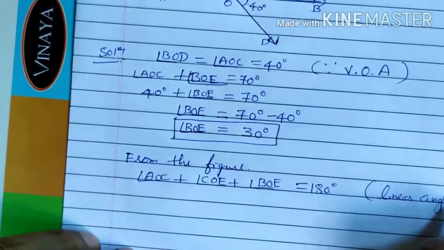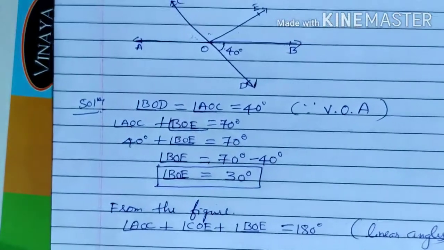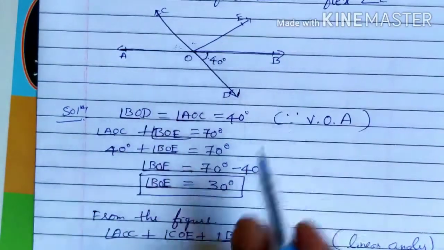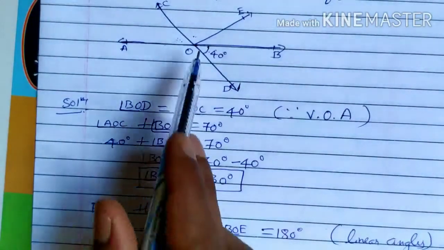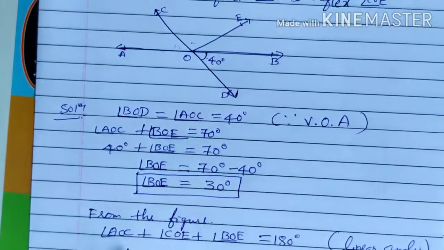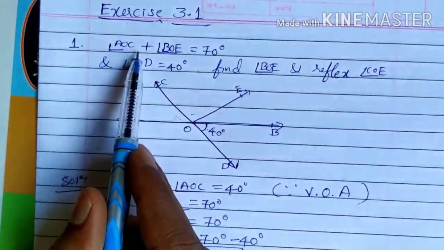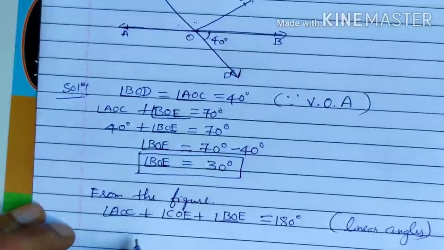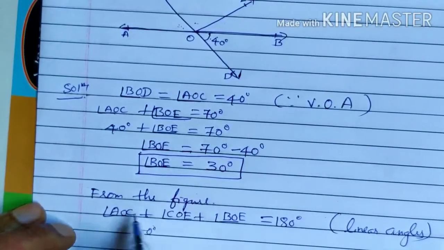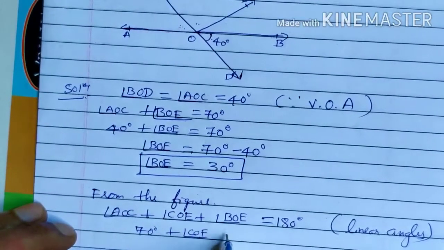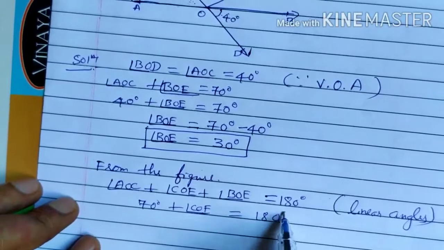There is one more method also, but you can use this one also. Now we know that instead of angle AOC plus BOE, I can write 70 degrees for these two, plus angle COE, which I will keep as it is, equal to 180 degrees.